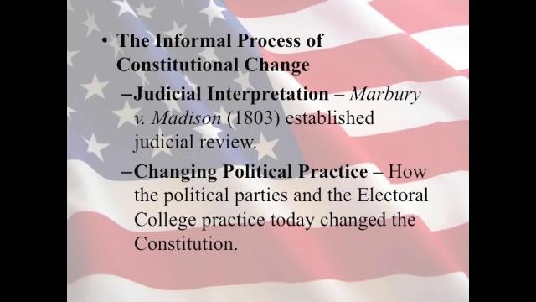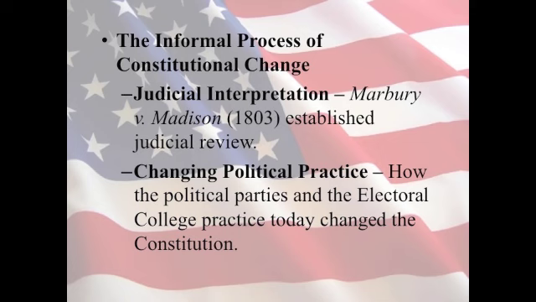Now that we've gone over the formal process of amending the Constitution, let's look at the informal process of constitutional change. First, judicial interpretation. Judicial interpretation can profoundly affect how the Constitution is understood. In 1803, in the famous case of Marbury v.